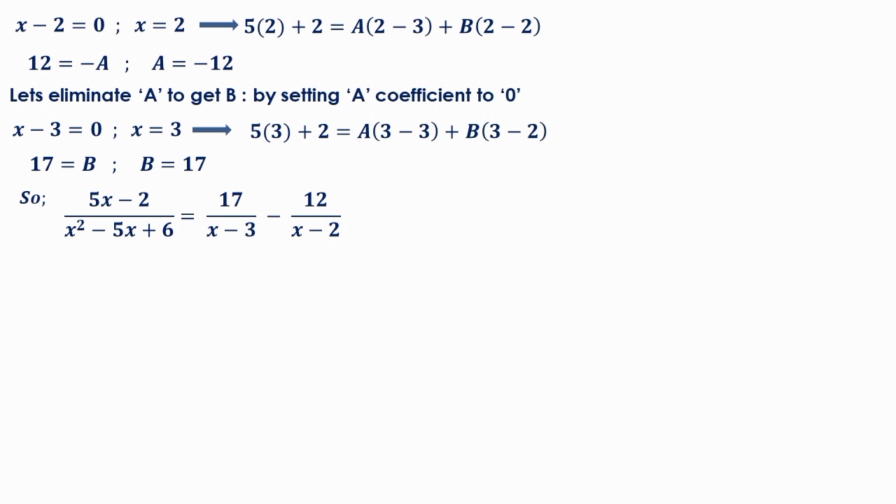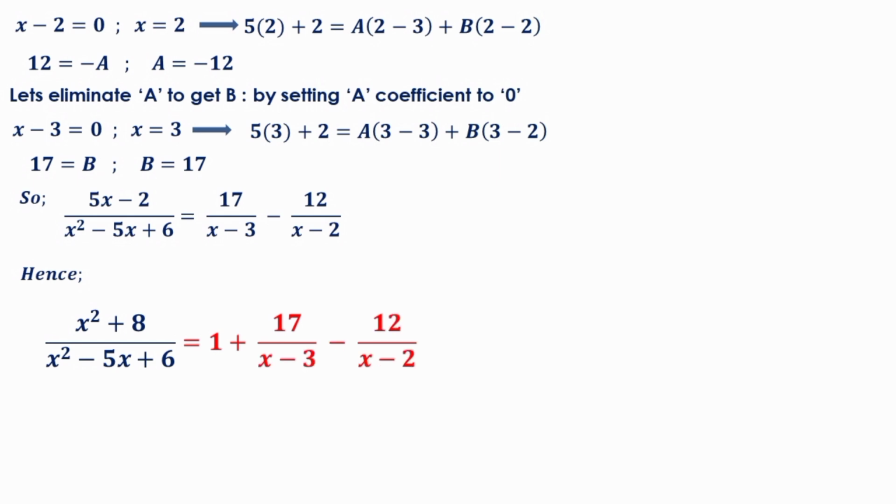The next and final step is to combine the quotient and this partial fraction to give us the full answer to the fraction itself. Hence, (x squared plus 8) over (x squared minus 5x plus 6) is going to be 1 plus 17 over x minus 3 minus 12 over x minus 2.